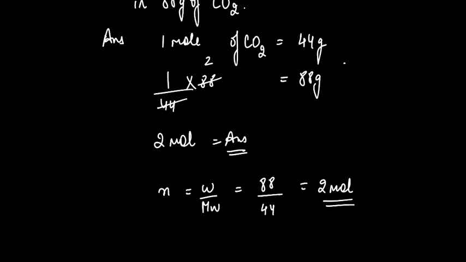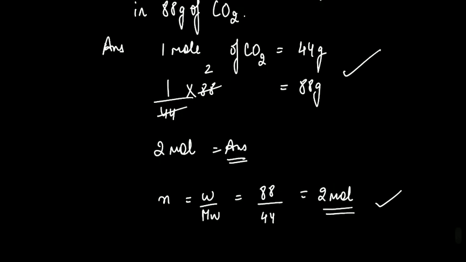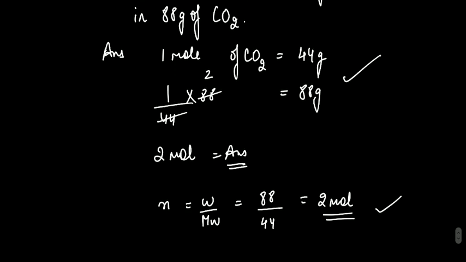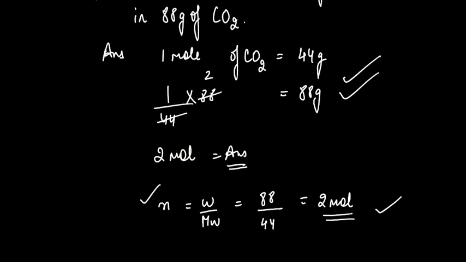Whether you follow the unitary method or the formula, it's always going to be the same, because we are doing simple questions right now. Sometimes in complicated questions it's better to go with the unitary method. I like this concept best. But you should know the formula for sure. There's no harm in knowing it.